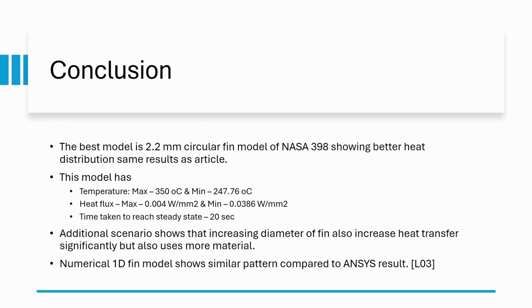Overall conclusion, we got to know that the 2.2 mm circular fin is the best model using NASA 398. In the model, maximum temperature goes from 350 to 347, and the time taken to reach steady state is 20 seconds.